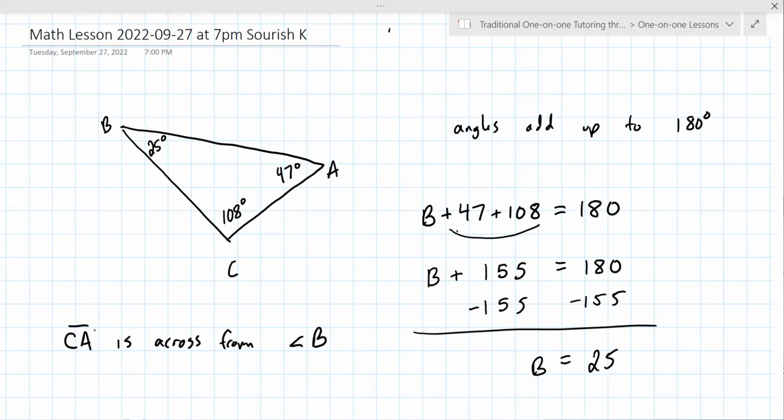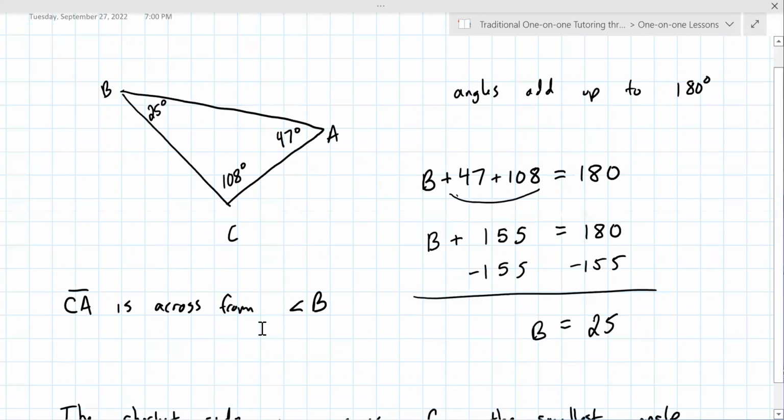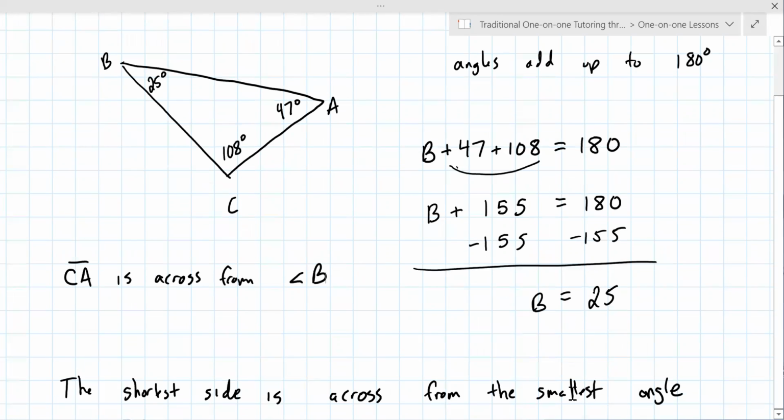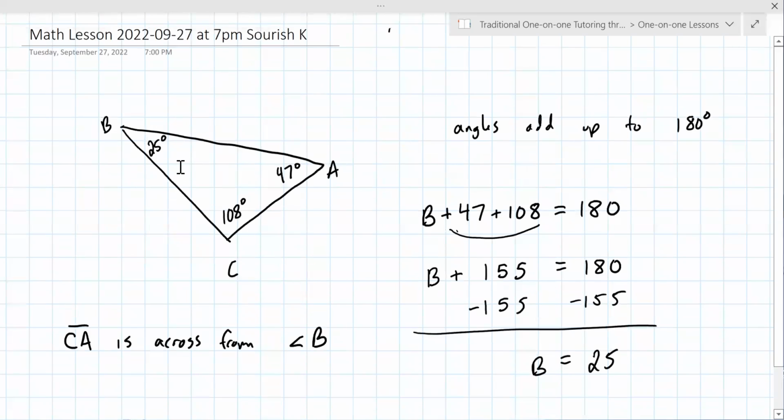So CA is the smallest side because this is your definition: the shortest side is across from the smallest angle. Let me write that down. Got it down.